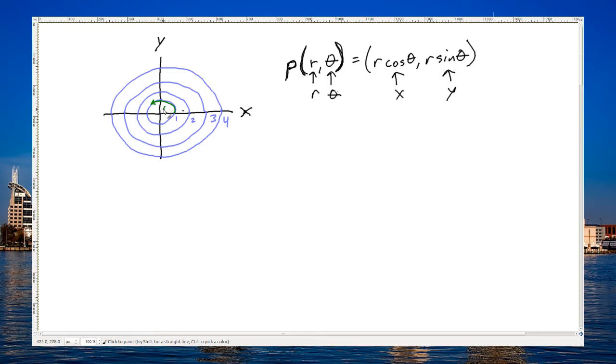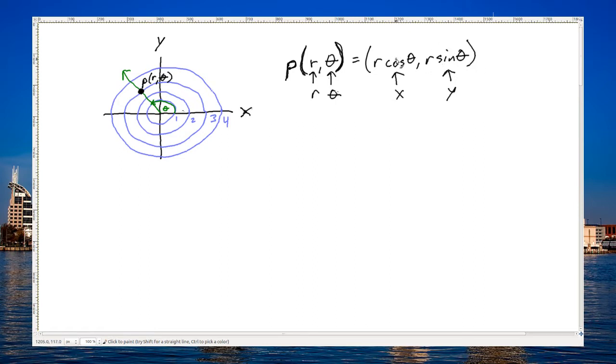And then the r tells us how far out to go along that angle. So let's say that r was 3, we would go out 3 points. And so this is the polar coordinate for that r and that theta, where this distance here is r.